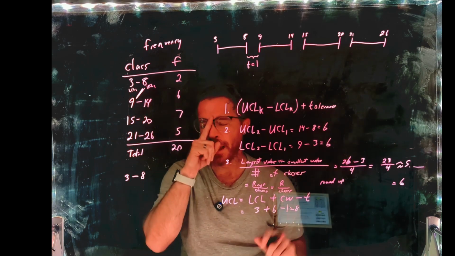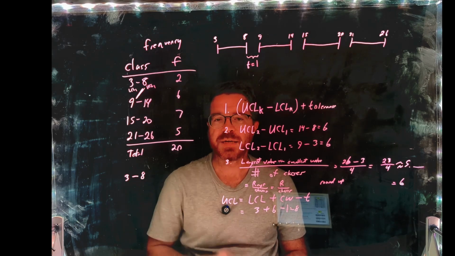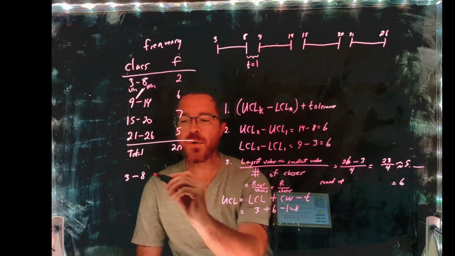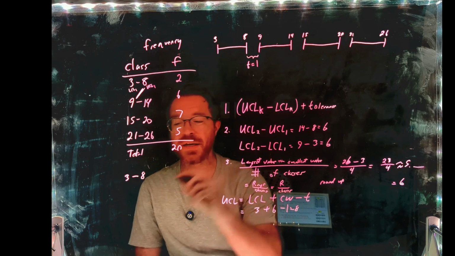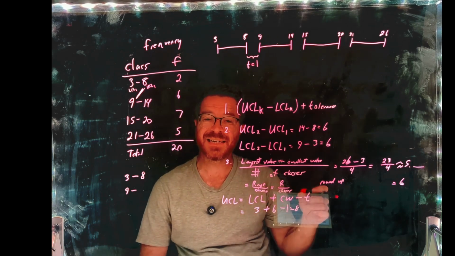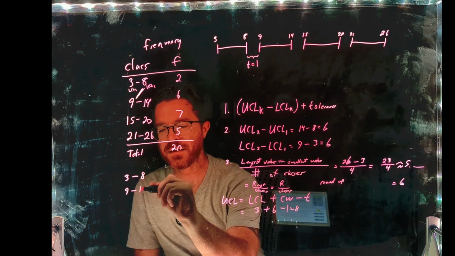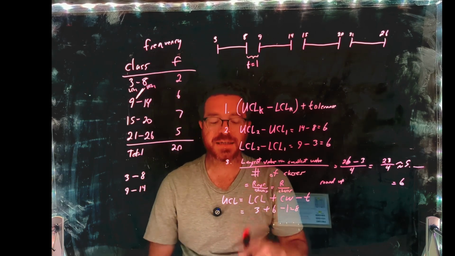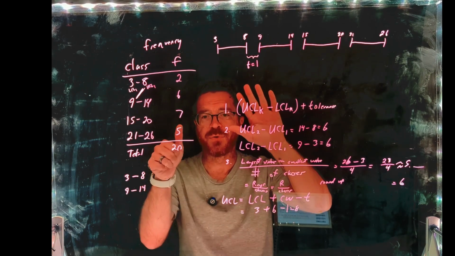So going back to filling out our table, now that we've gotten our first interval, 3 to 8, what do we do next? Well, now you go up by your tolerance. In this case, our tolerance was 1, so our next value is 9. And then again, we could add 6 minus 1, which is 5, which would give us 14. Or if it's a small interval like this, just count it out: 9, 10, 11, 12, 13, 14.